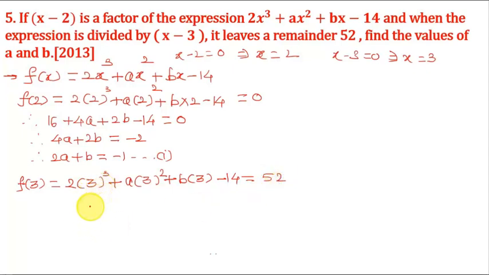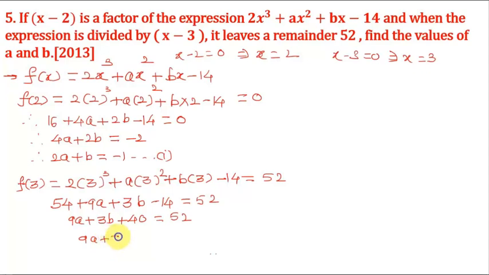3 cube means 27 into 2, which is 54. 3 square, 9a, plus 3b minus 14 is equal to 52. Therefore, 9a plus 3b, 54 minus 14 is 40, and 40 is equal to 52.